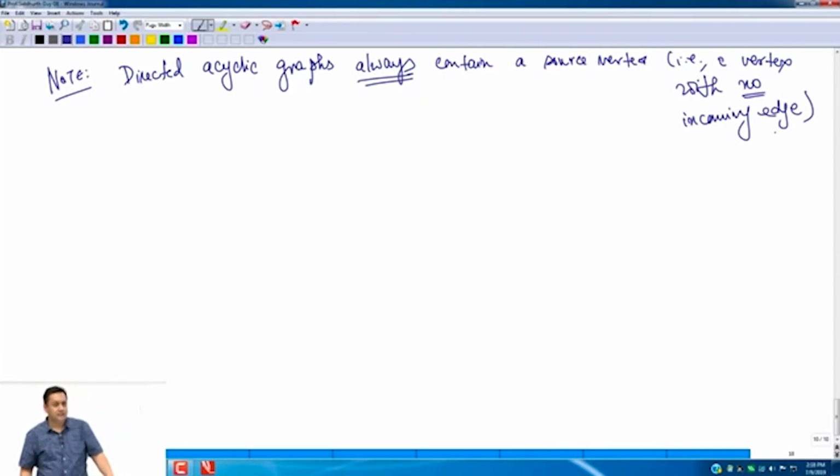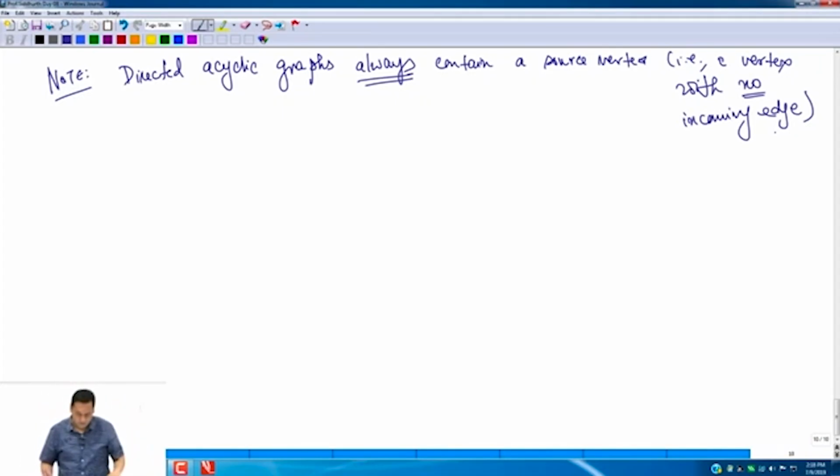My observation to you is that if you give me any directed graph that is acyclic, it does not contain a cycle, then it must necessarily contain a vertex where there is no incoming edge, i.e. there has to be a source vertex.